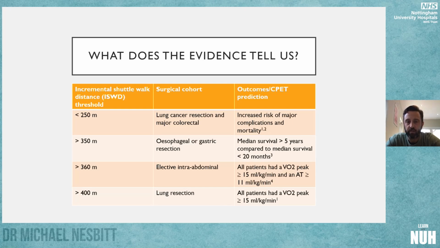So essentially, patients who get less than 250 meters, I think we can conclude that they're likely to require formal testing to quantify their functional capacity. But for patients who get more than 360 or more than 400 meters, there's a possibility that they're very likely to have normal or acceptable risk CPET parameters when they undergo testing.